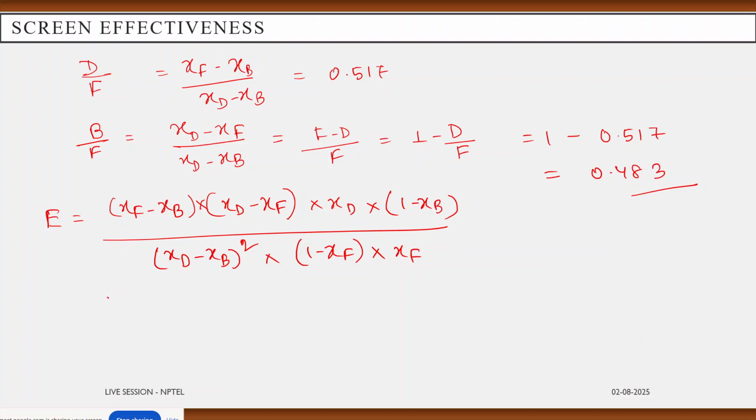You have to just put the values and you will get the overall effectiveness of the screen. The value will come around 0.9131, which represents 91.31% effective.